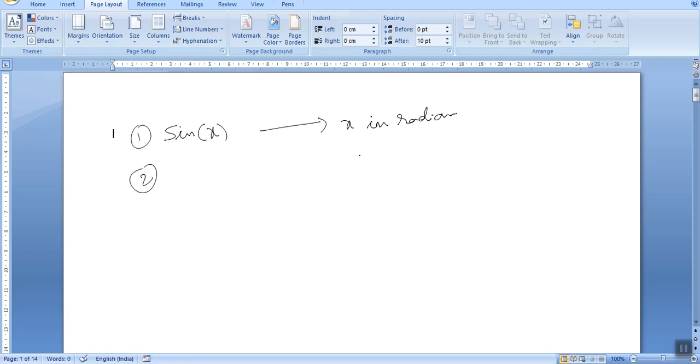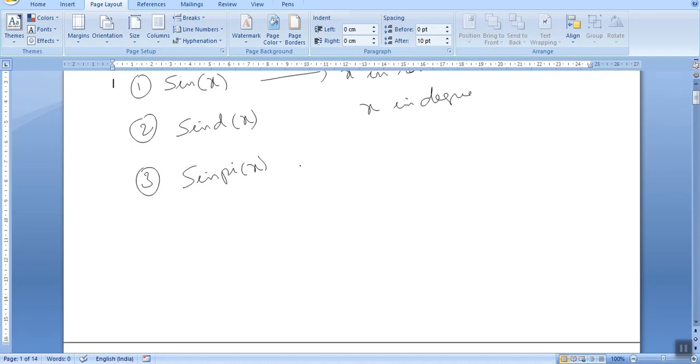If it is in degrees, use the sind of x function. Now, coming to sinpi of x, what is the meaning? This is nothing but sin of pi times x. In mathematics, sin pi x is denoted by sinpi of x.